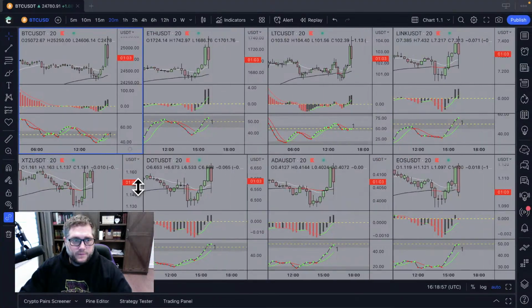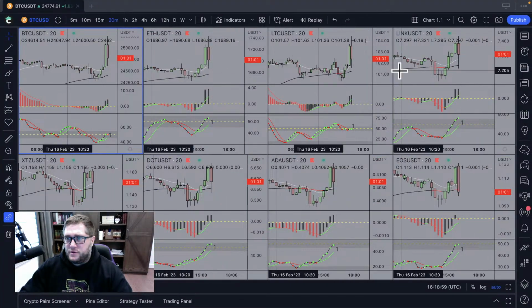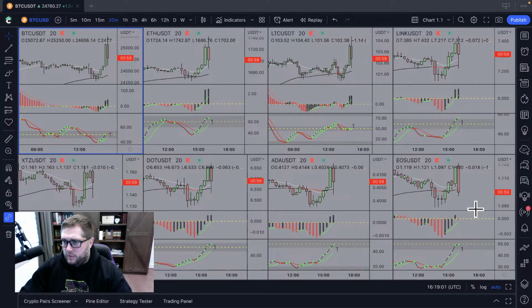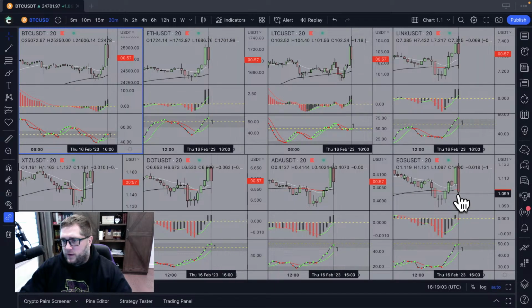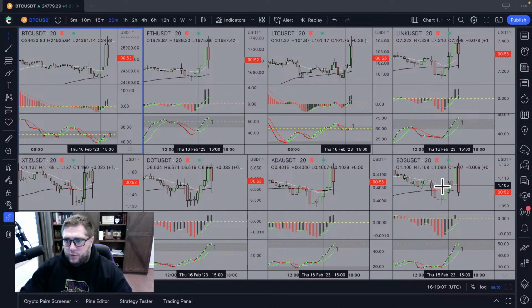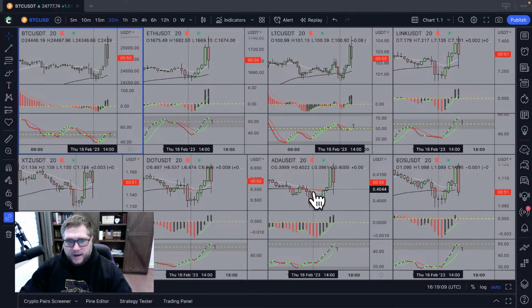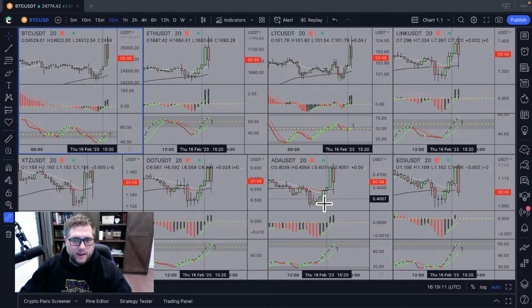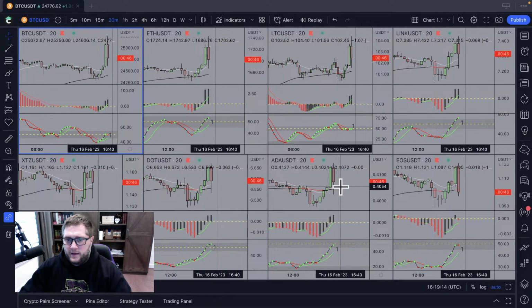But yeah, all the moving averages are bullish right now, so you want to be careful with that. Even EOS, when it's breaking down, you have both moving averages above each other. ADA is the only one that looks like it had a downward movement, but it's back above it, so be careful.